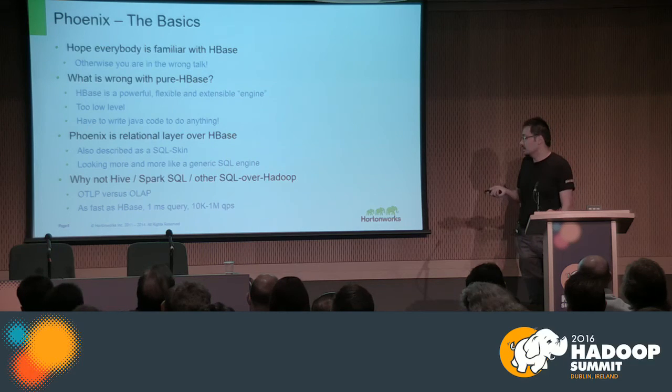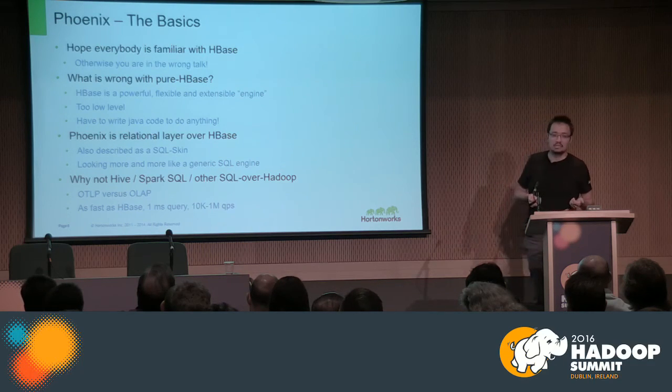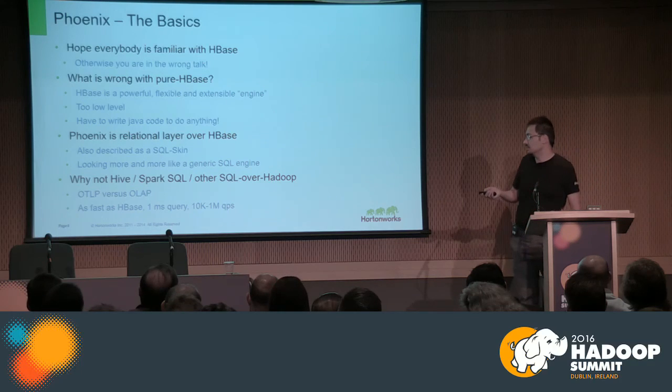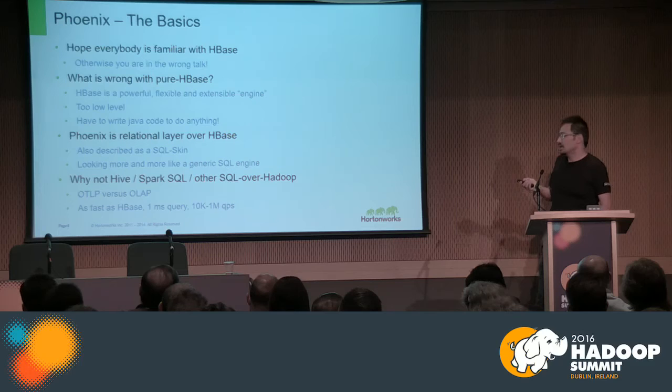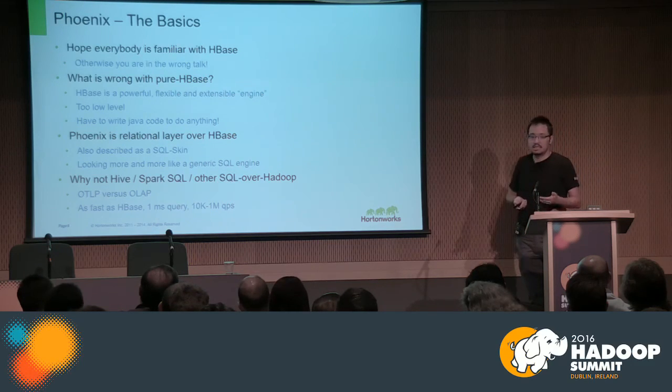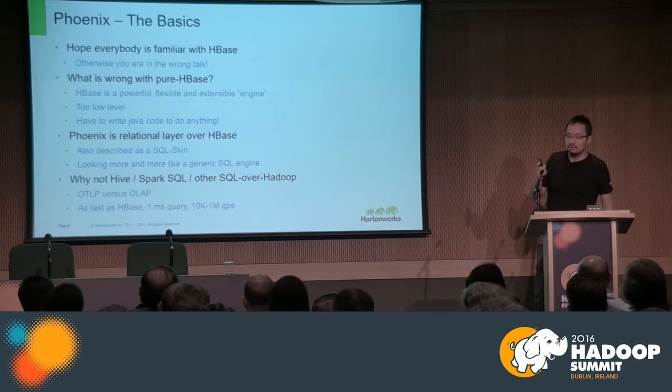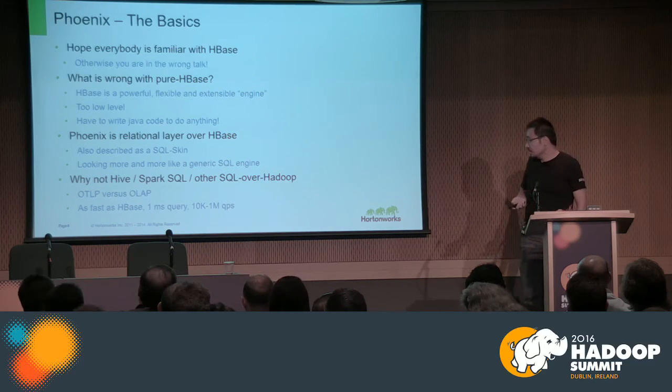But with Phoenix, you can do a 1 millisecond query that no other database engine like Hive or Spark SQL can do. And you can do like 10K or 1 million queries per second with Phoenix because underlying it's all HBase, and you can do point lookups and everything with Phoenix.